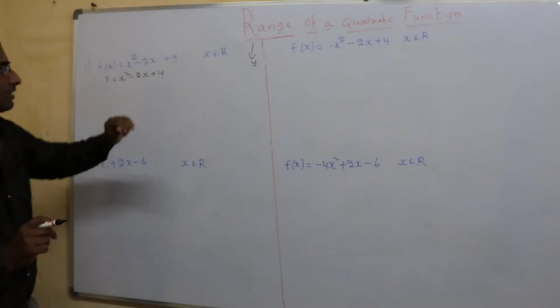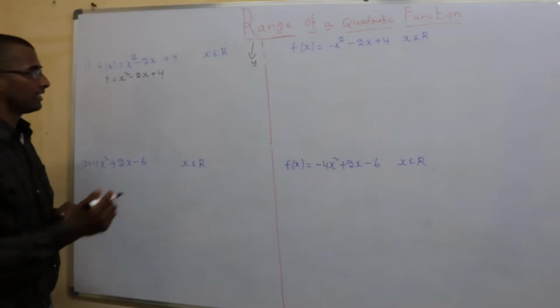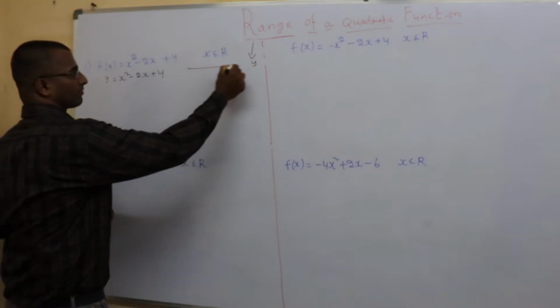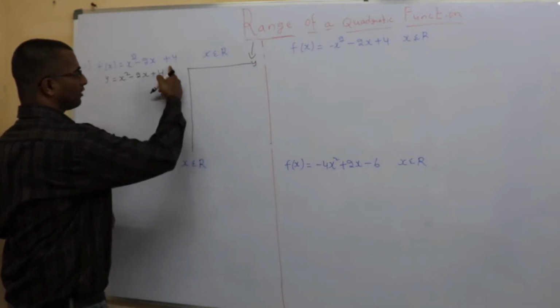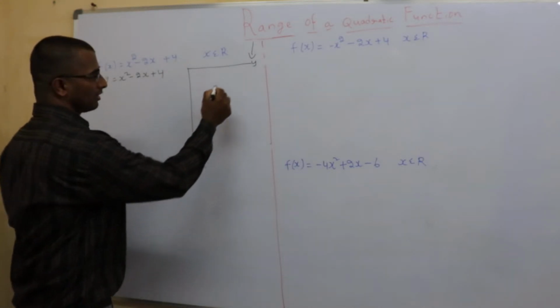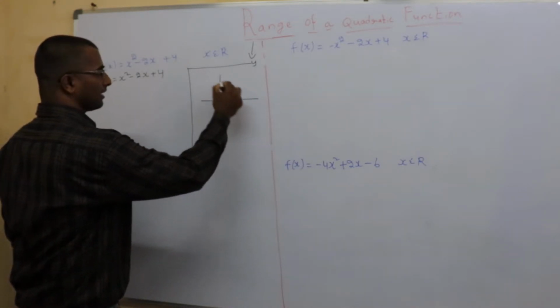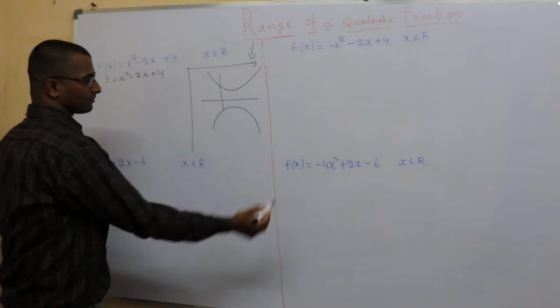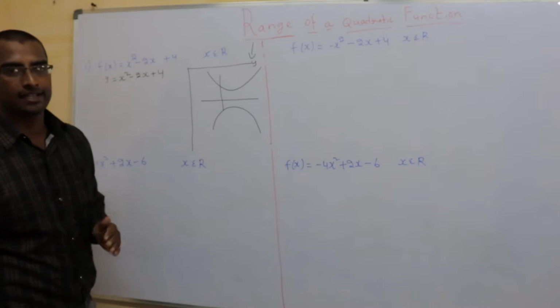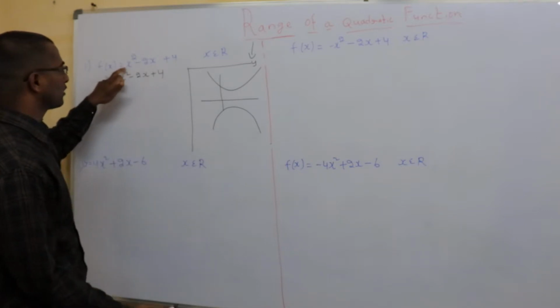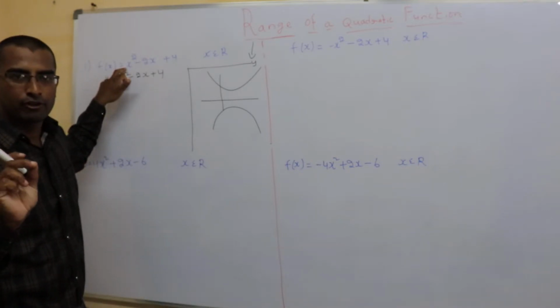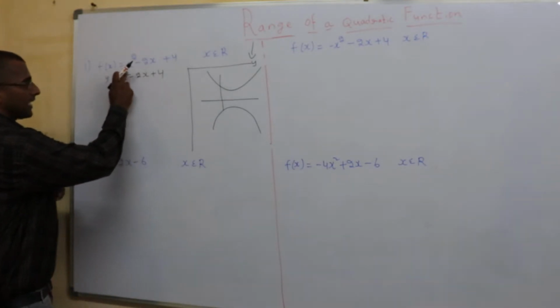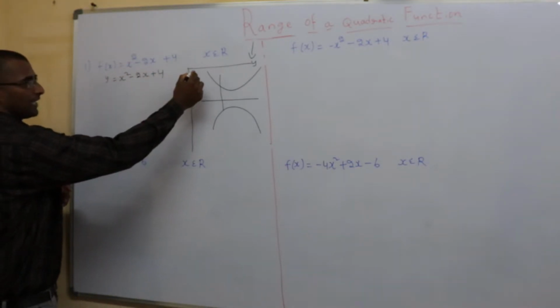Now, in earlier classes you have learned, for any quadratic function, your graph will be either in this way or in this way. How do you decide that? Based on the sign before x square. If the sign before x square is positive, you get this one.